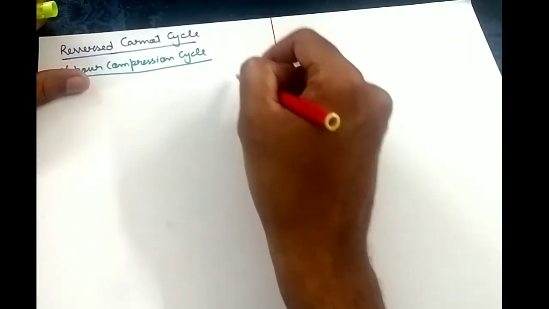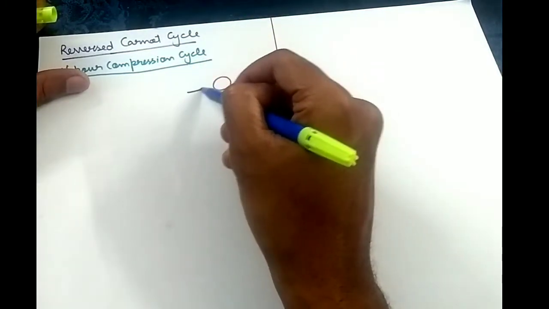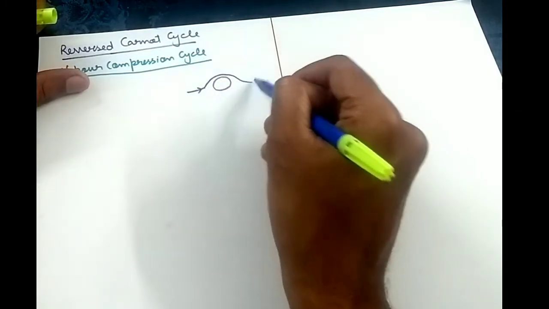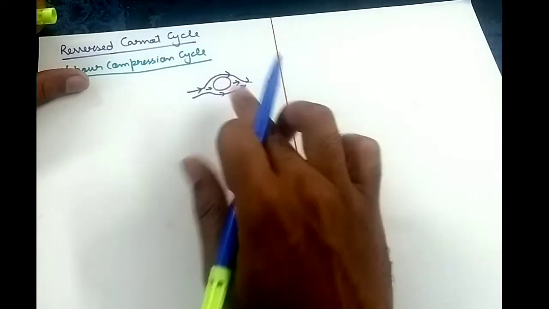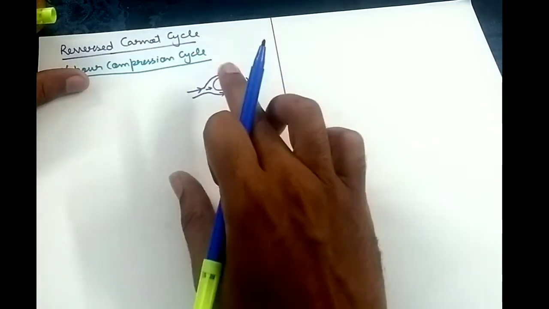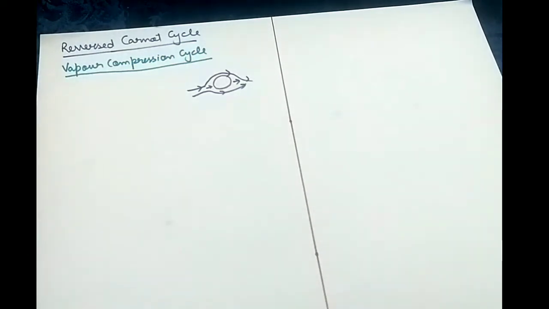Suppose we have an object here, and we supply cold fluid continuously through this object. What happens is that the heat gets rejected from this object. So our main aim is to provide cold fluid continuously.